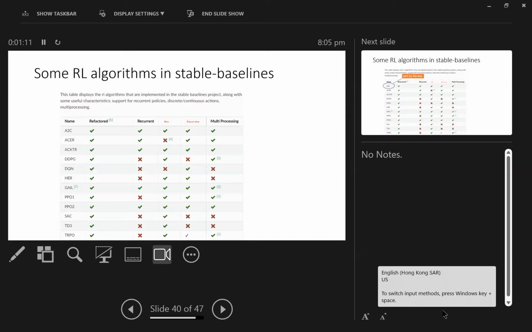Here is a copy from the document posted on the Stable Baselines web page, and it shows a lot of different well-established and proven algorithms for reinforcement learning. In particular, there are a lot of them.